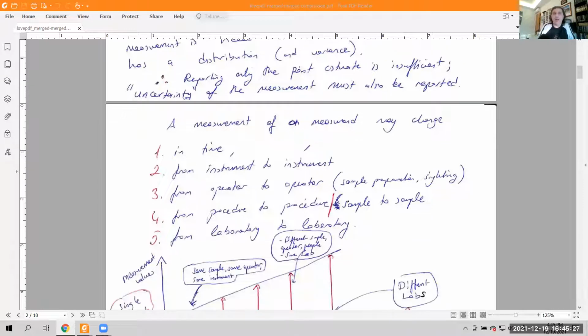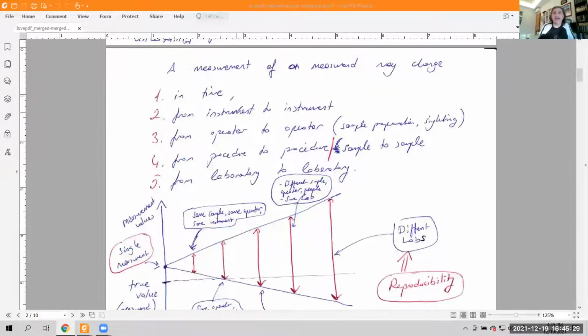Now, I think one is pretty much justified in asking the question, why does a measurement of a measurand change? Because the measurand is the same. We assume that the outside reality, the weight of an object, if we are talking about Earth, of course, is going to be identical at different times. But if you use different balances, measure the same object at different times, with different personnel, you are going to be obtaining different values.